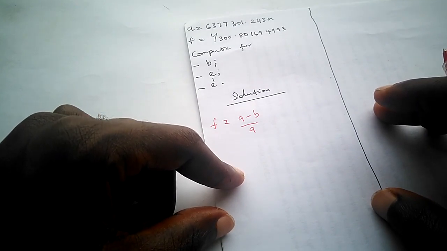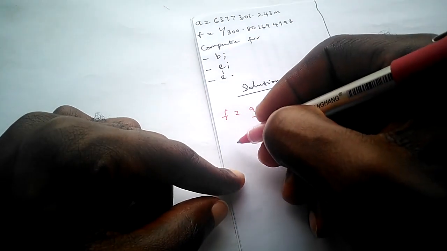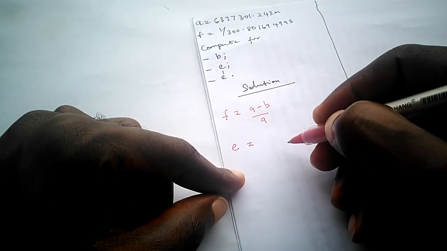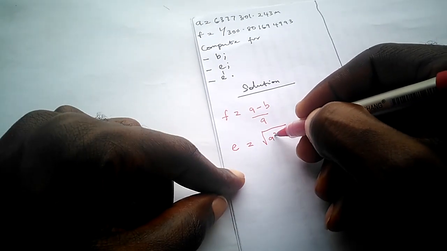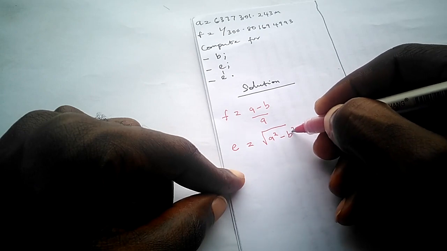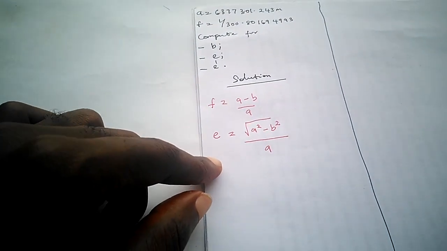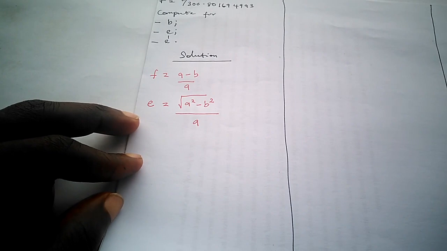And then the second formula we are going to quote is the formula for the first eccentricity, which is E equal to the square root of A squared minus B squared all over A. So these are the formulas we are going to use for this particular problem.